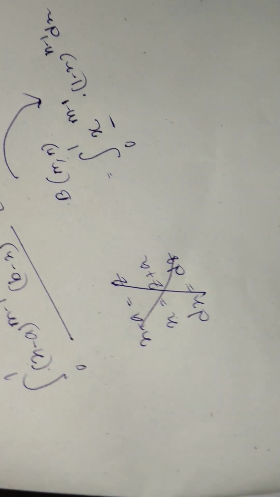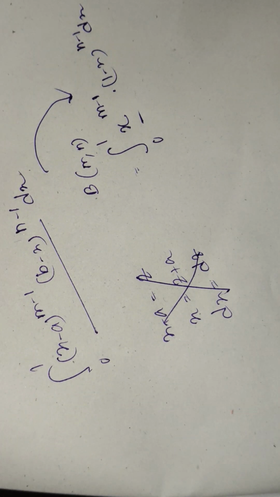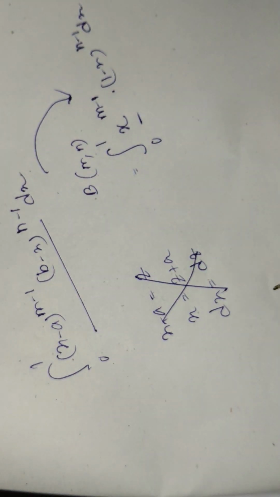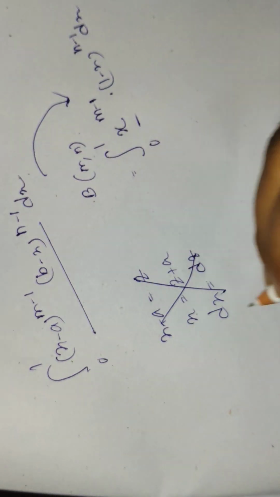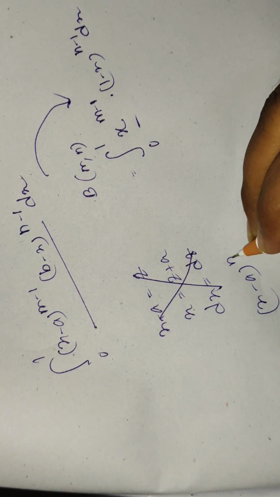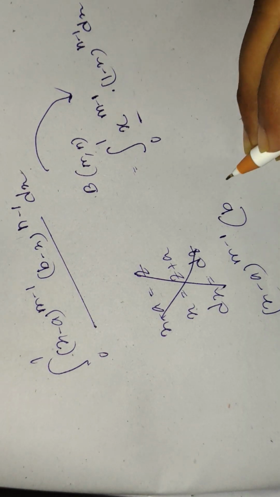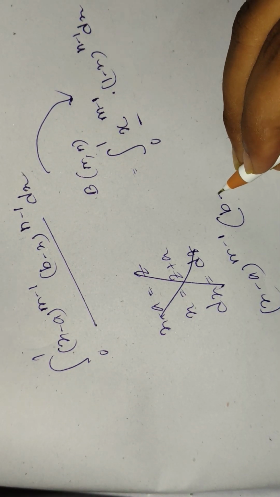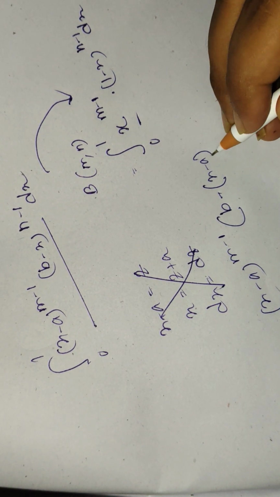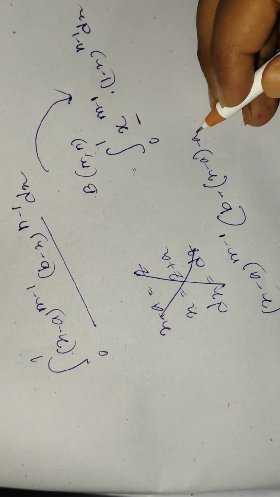Well, I am not proceeding with that. Basically we can proceed like this: x minus a whole to the power m minus 1, and this is b minus of x minus a minus a.